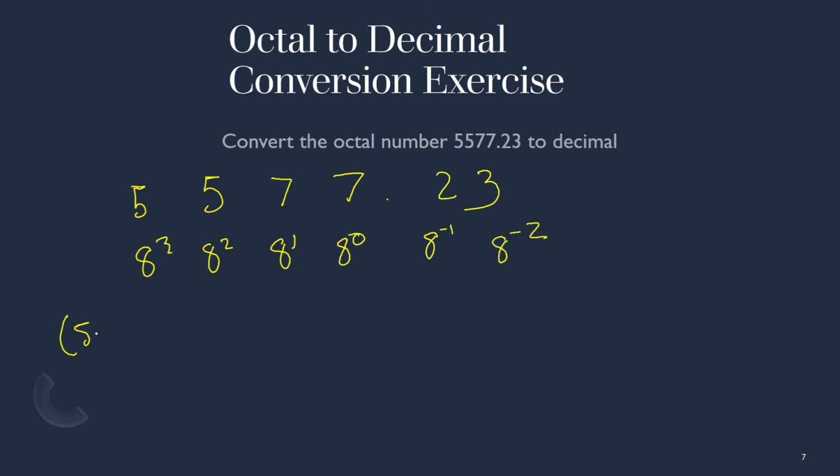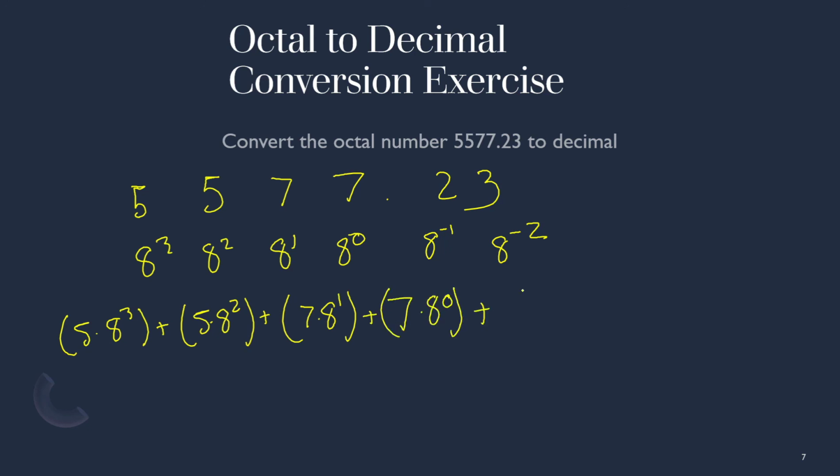So it's 5 times 8 to the 3 plus 5 times 8 to the second plus 7 times 8 to the 1 plus 7 times 8 to the 0. Just keep plugging and chugging. It's nothing intuitive, it's all the same thing. Converting these is not hard whatsoever.